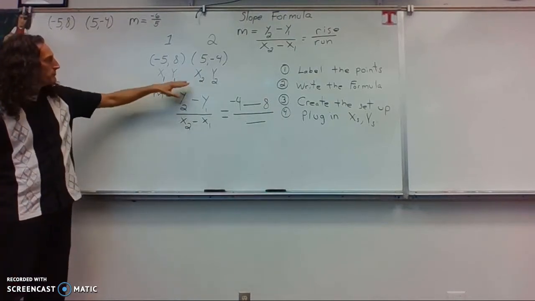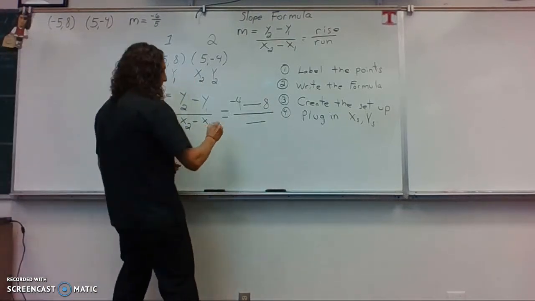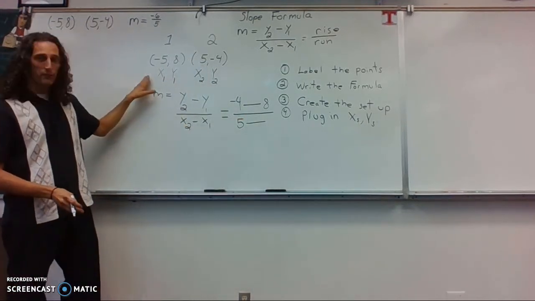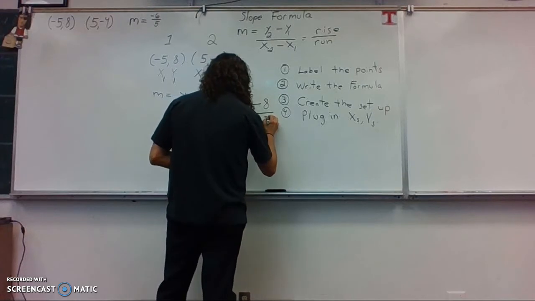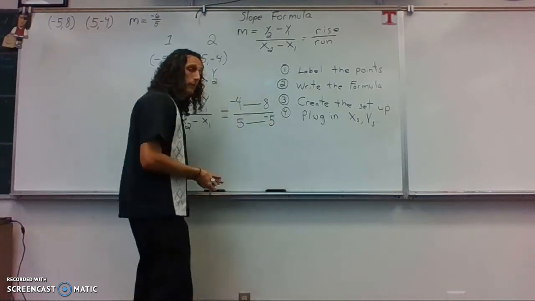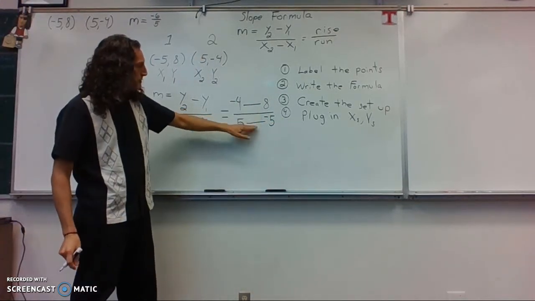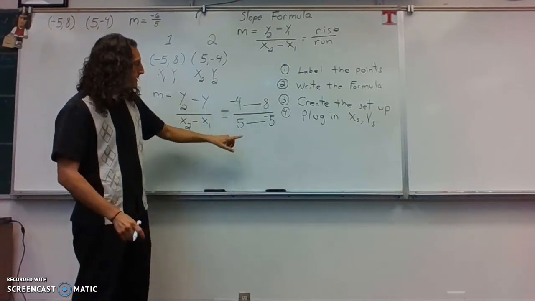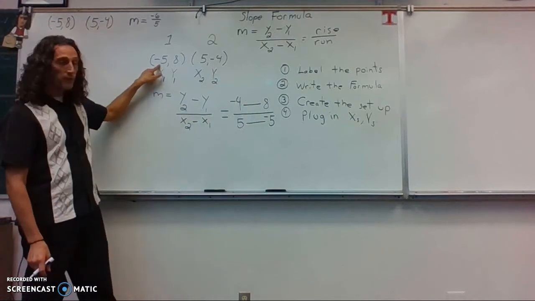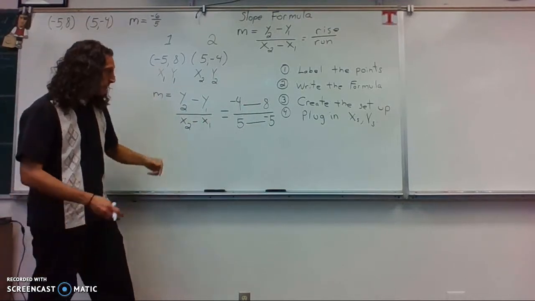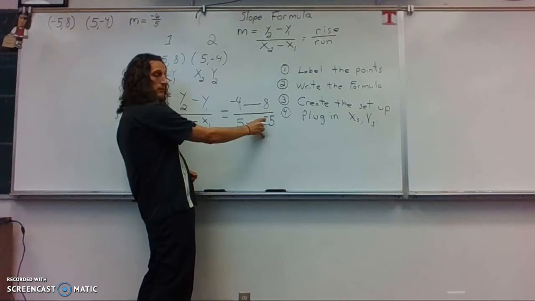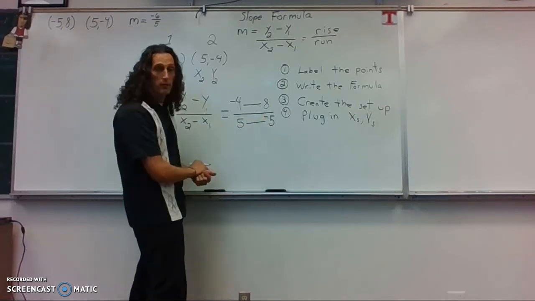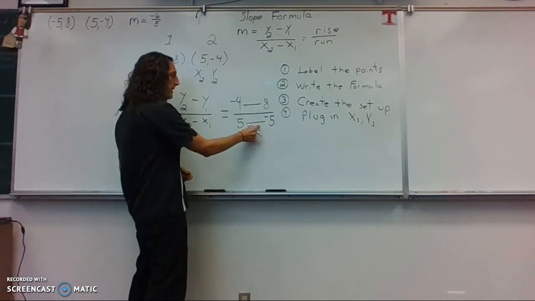My x2, 5. And my x1, negative 5. Now, the reason I want your minus signs larger and written down first in the setup is because when you have a negative 5 or any negative number, I don't want this to turn into this. Some people might just put 5 and then put down negative 5. And that would be wrong. It should be a minus with this.